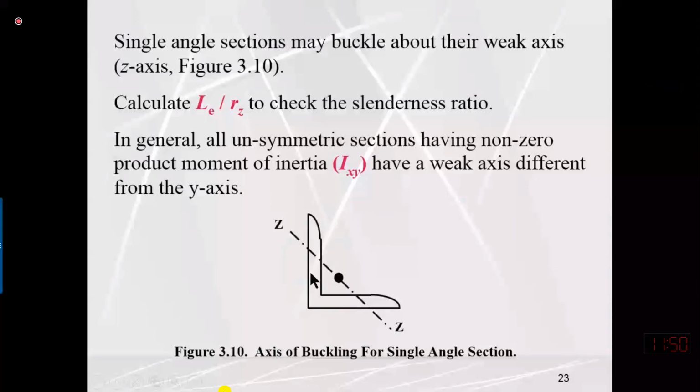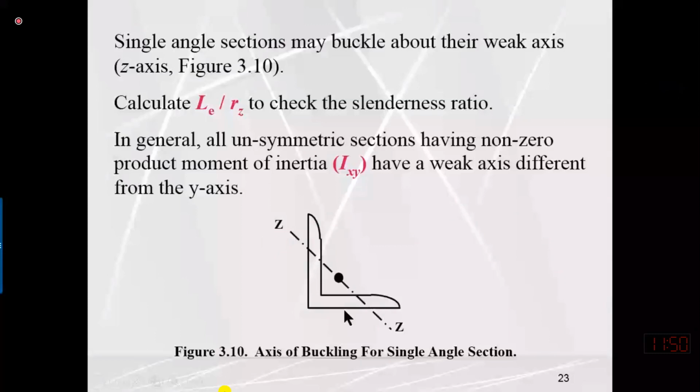But for single angle, we have three r values, rx, ry, and rz. Experiments suggest that a single angle neither buckles about x or y, but it buckles about a third axis, which is called the z-axis, which is a function of leg dimension.